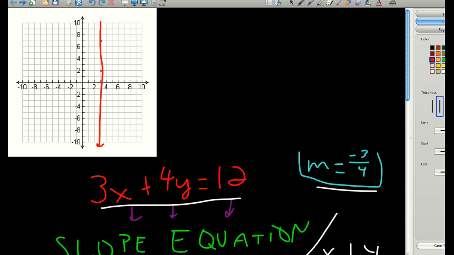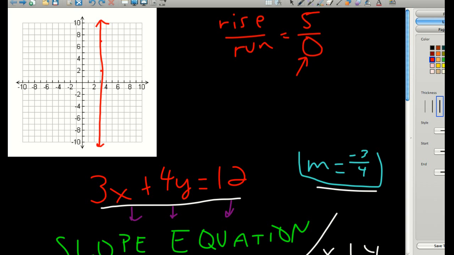Well, let's figure this out. The slope is rise over run. So the rise is how far up or down it goes. Well, it goes up 1, 2, 3, 4, 5. Okay, it goes up 5. But the run, how far over left or right it goes, is 0.